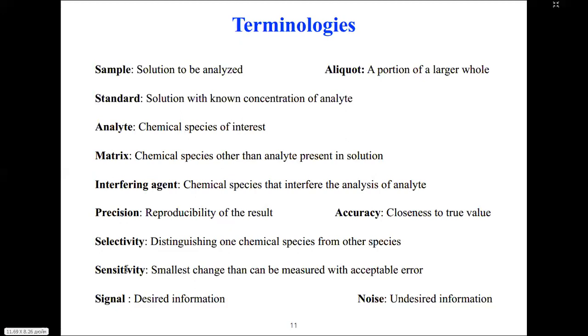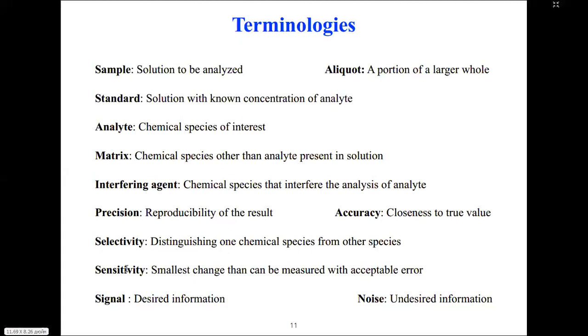You can measure maybe 1 millimeter with acceptable error. But if you have to measure 0.1 millimeter using the regular scale that we have, then it is going to be not acceptable. The error that you get will not be acceptable because it is not the smallest change that you can measure with the regular ruler.